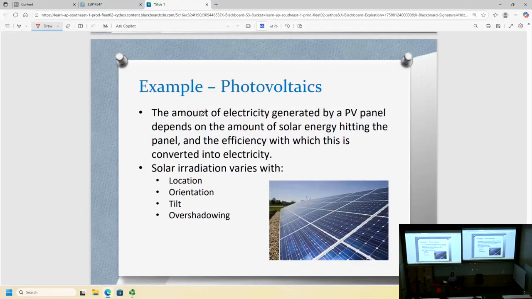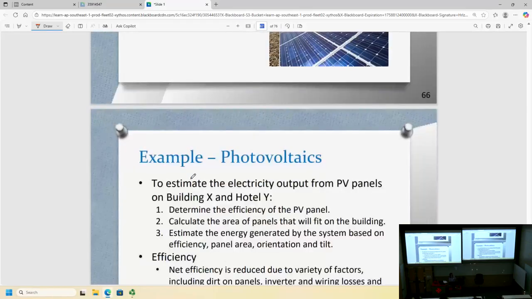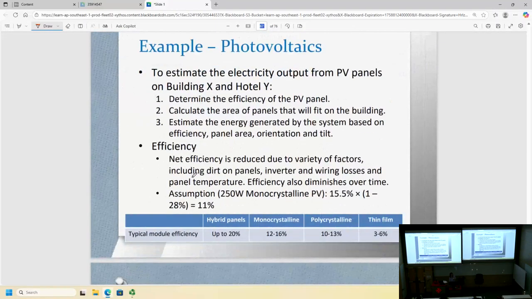So the PV panel, the efficiency will vary with the location, the orientation of the panel, the tilting angle, and the shadowing. And we want to estimate how much electricity can be saved by installing the PV panel in building X and hotel Y. And first of all, we have to determine the efficiency.